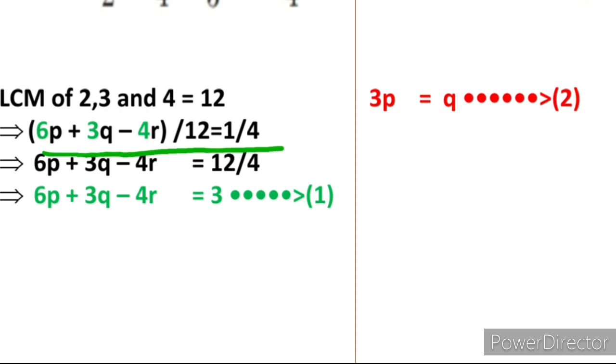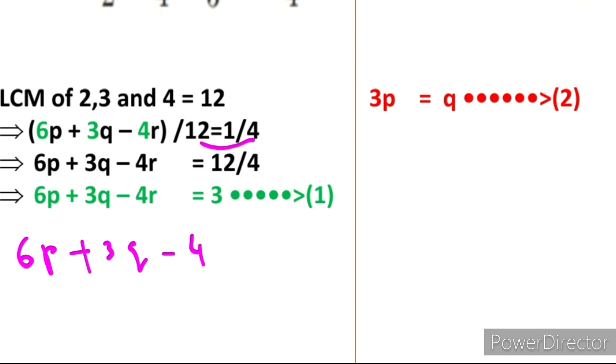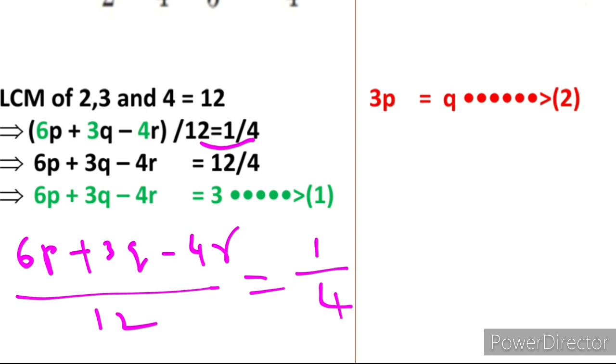Now simplify this. How can we simplify? 4 ones are 4, 4 threes are 12. If you transpose the 12 to the other side, it becomes a multiplication: 12 into 1.